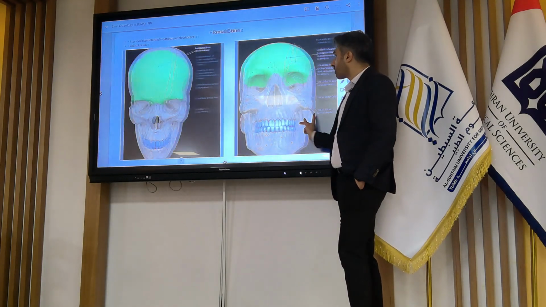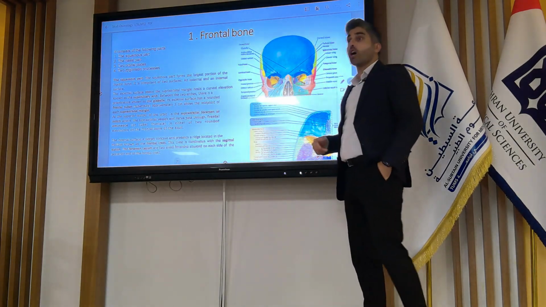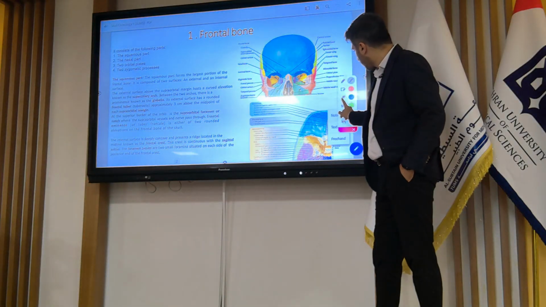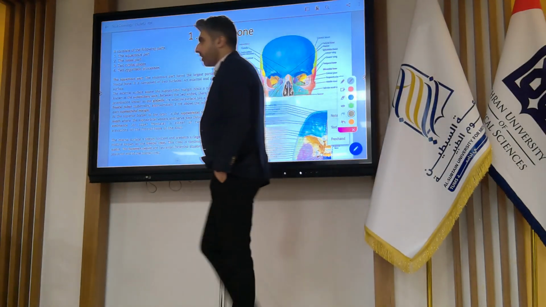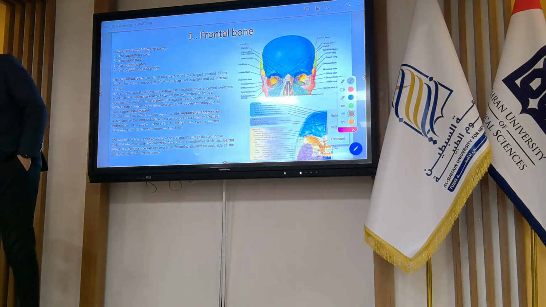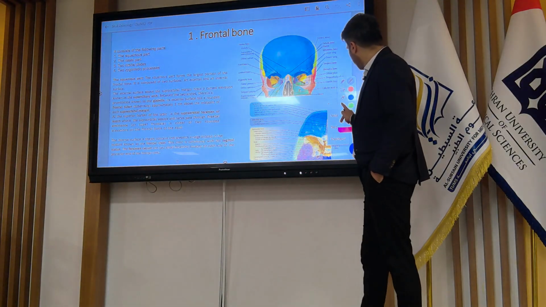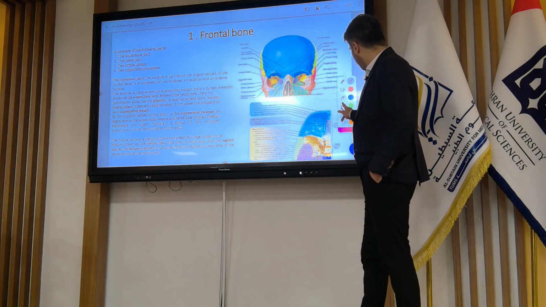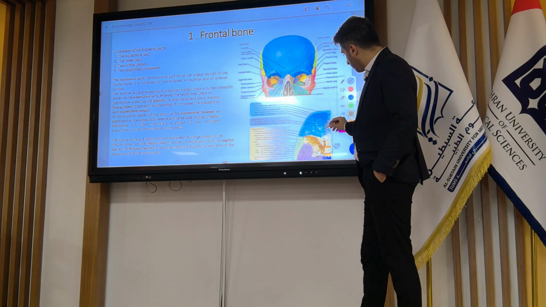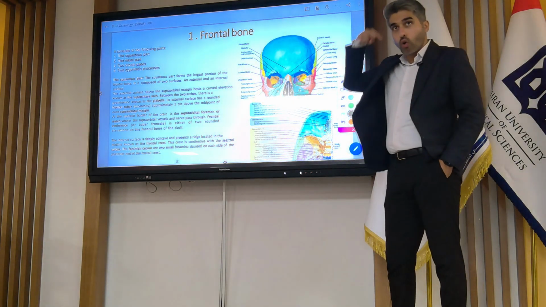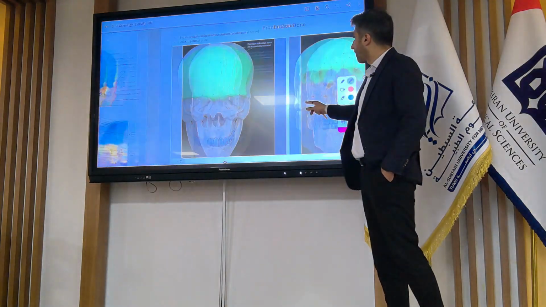Between this connection, you can see two ducts. Here we have two foramen between ethmoid and frontal here. They open to the orbit here.